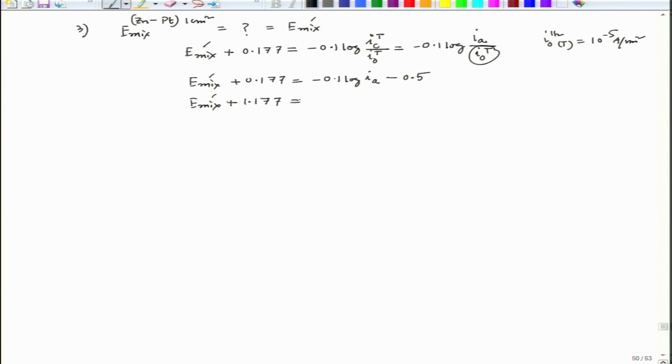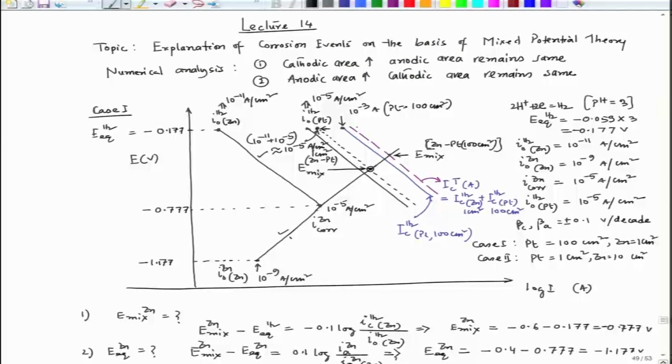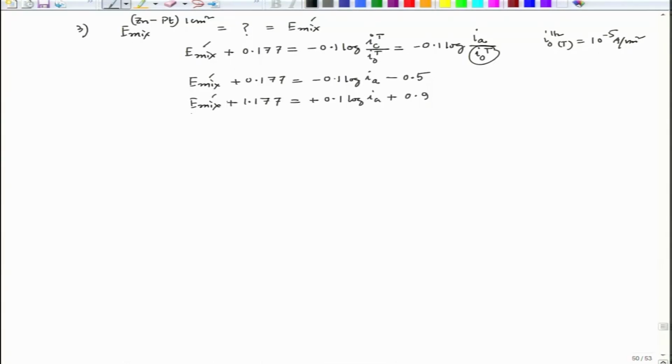and for the anodic part, if we consider plus 1.177 equal to 0.1 log IA plus 0.9, because we are considering this line and this line. So if we solve that, this is equation 1, this is equation 2.